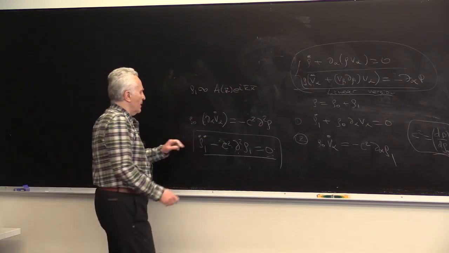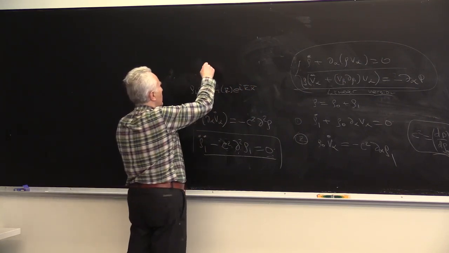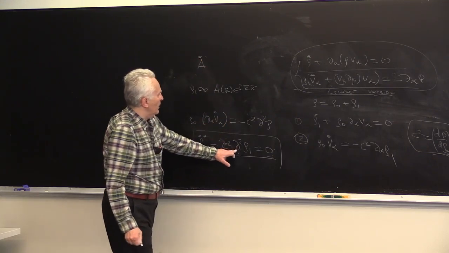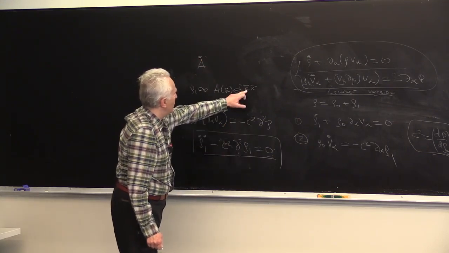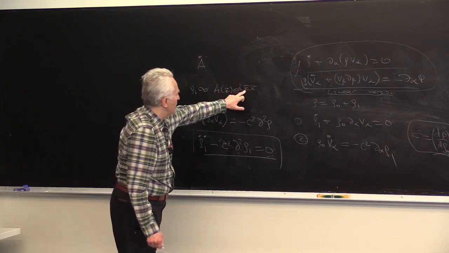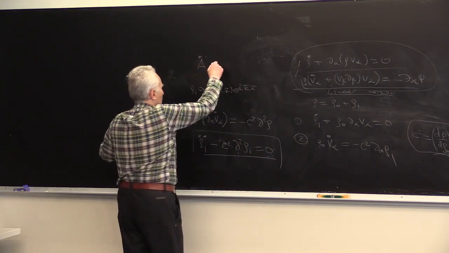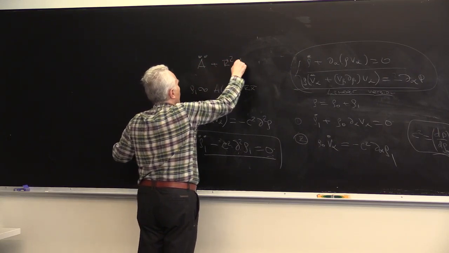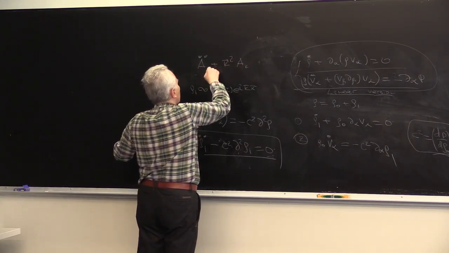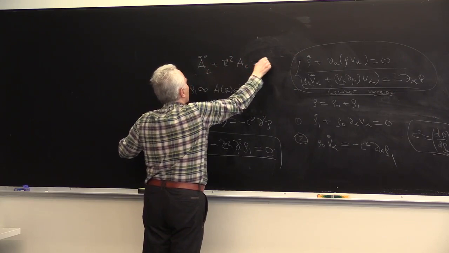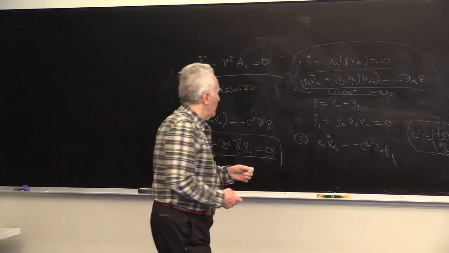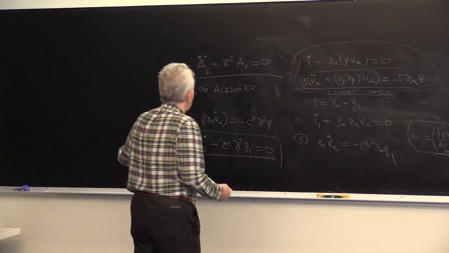As we discussed, the derivative acting on the exponential gives you k square. So this is the equation for a harmonic oscillator.